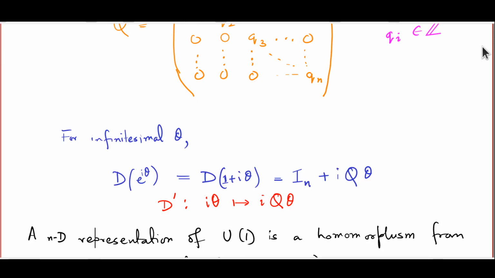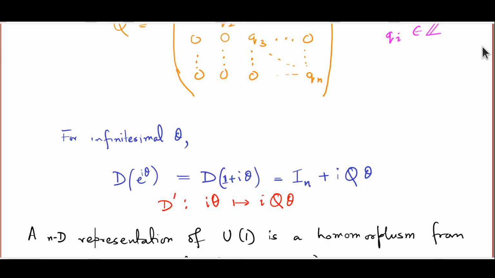Note that while the original representation mapped e to the i theta into a matrix, and even if you think of the one-dimensional irreps, e to the i theta gets mapped onto e to the power i Q theta. Now while that is a simple enough function, you should realize that what is happening is that the argument is being raised to the power Q. This is a non-linear operation in general, except for, of course, the simple case where Q is 1.